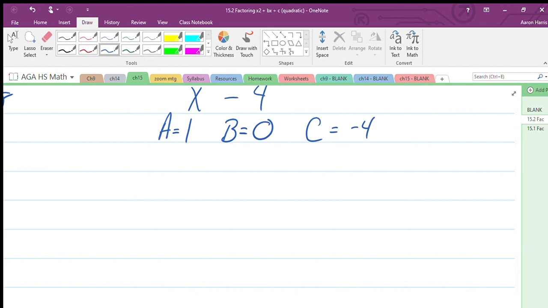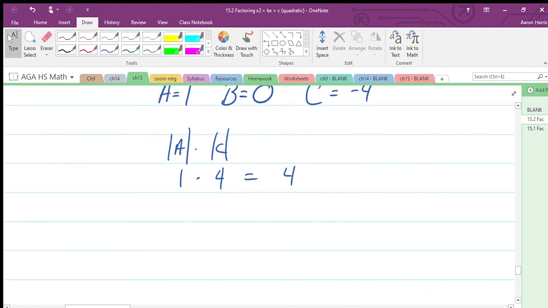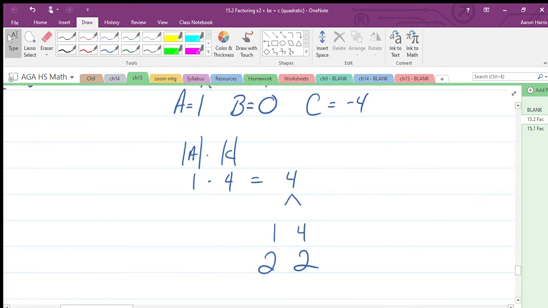Okay, so here we go. Absolute value of A times absolute value of C. So 1 times 4. What is 1 times 4? 4. What's the factors of 4? I got 1 and 4. 2 and what? 2. 3 doesn't go into 4. So I'm good there. Now C is negative, right?